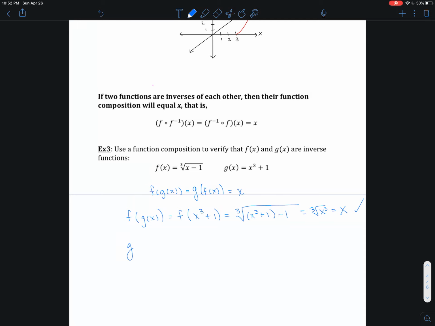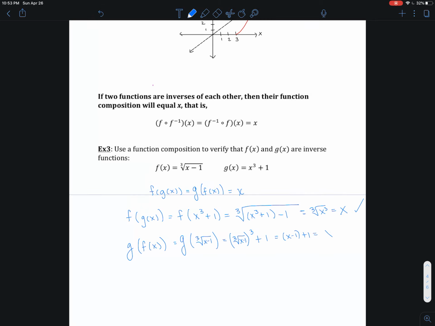All I need now is to show that g of f of x is also equal to x. So again, we're going to work our way inside out. f of x is cube root of x minus 1. And then that function, the cube root of x minus 1, I will plug into g of x. So that equals x minus 1 plus 1.